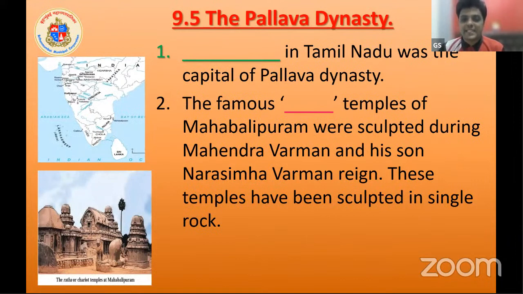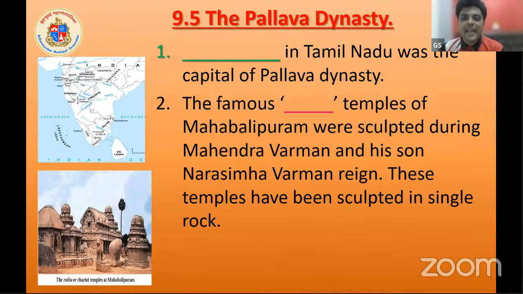9.5, the Pallava dynasty. The questions are related to the Pallava dynasty. Your time starts now. Note down the answers in your notebook. Dash in Tamil Nadu was the capital of the Pallava dynasty. What is the name of the place that was the capital of the Pallava dynasty? Note it down.